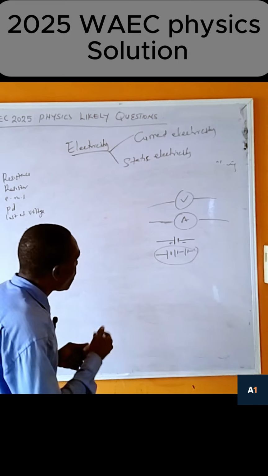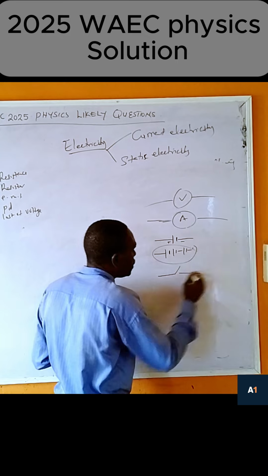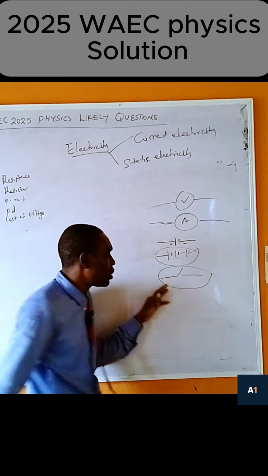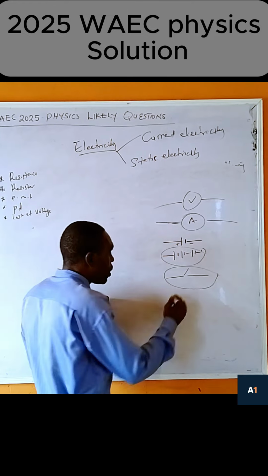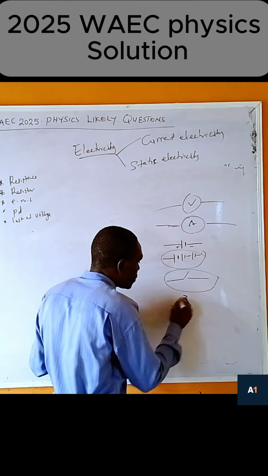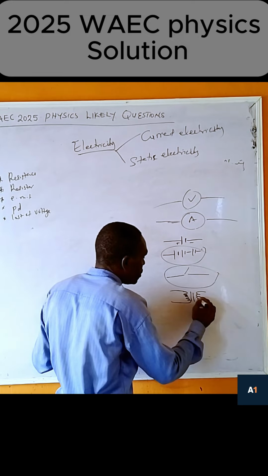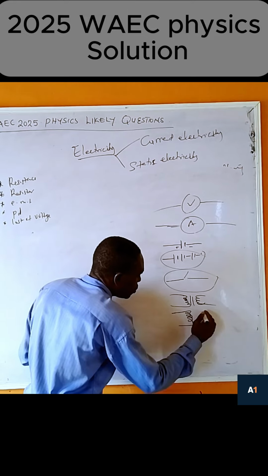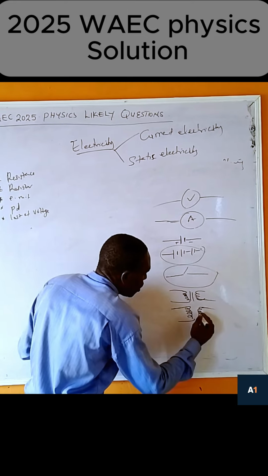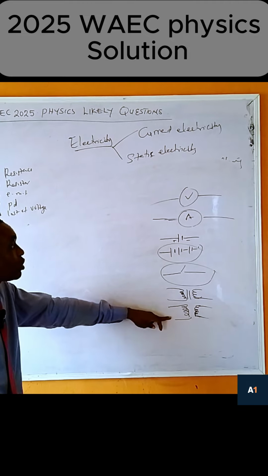Another electrical symbol is this one, called a key. We call this one a transformer, and this one is called an inductor. All of these can come out in your circuit.